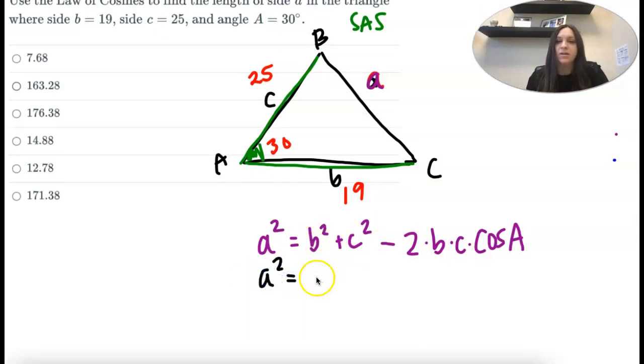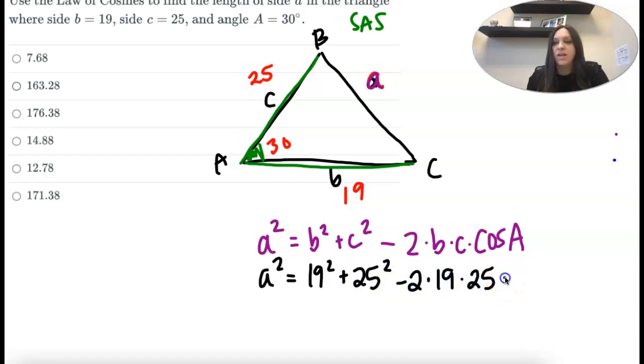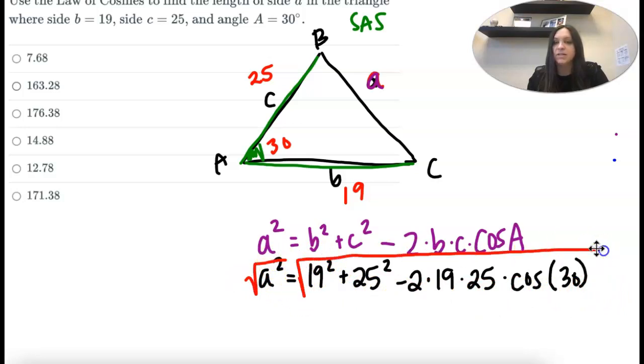Okay, so let's fill in what we have. We have b squared, so 19 squared plus 25 squared minus 2 times b, which is 19, times c, which is 25, times cosine, and angle A is 30. So what we're going to do is this whole thing is going to go in the calculator, and then to get a, we have to take the square root of both sides.